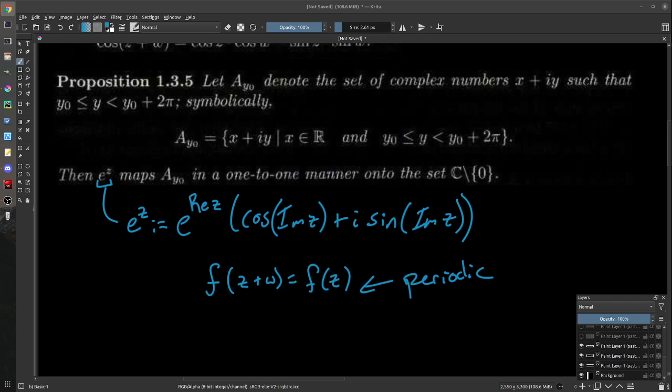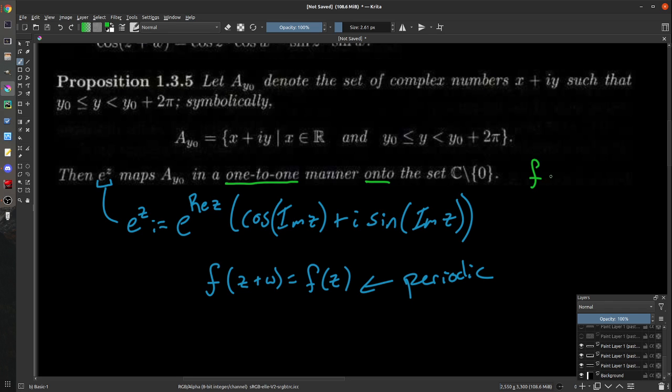Now, this is where one probably has to remember a little bit of terminology. If you don't remember what one-to-one and onto mean, just remember that one-to-one just means that every output is uniquely produced by a specific input, and onto means that you get everything in the codomain as an output.